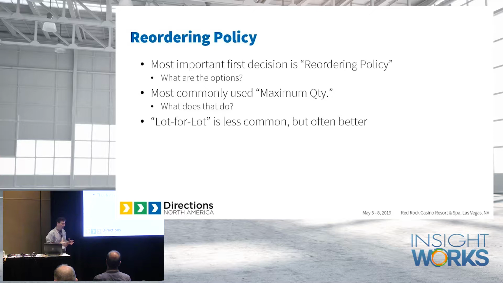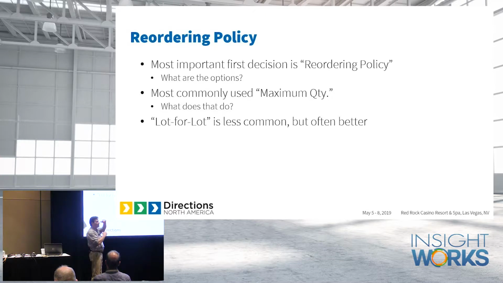Now, the impact of that is maximum quantity tends to increase your inventory value. Lot for lot tends to pull it down, tends to decrease it. So if you're an organization that wants to run a little leaner, or your customers, I should say, are an organization that wants to run a little leaner, you would typically want to go with lot for lot. And the reason is exactly what I said.